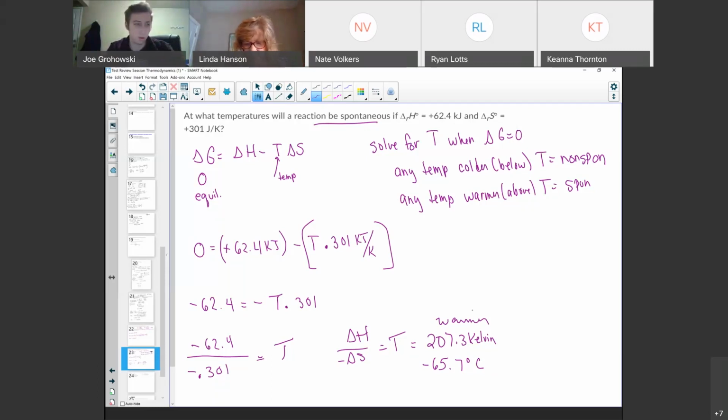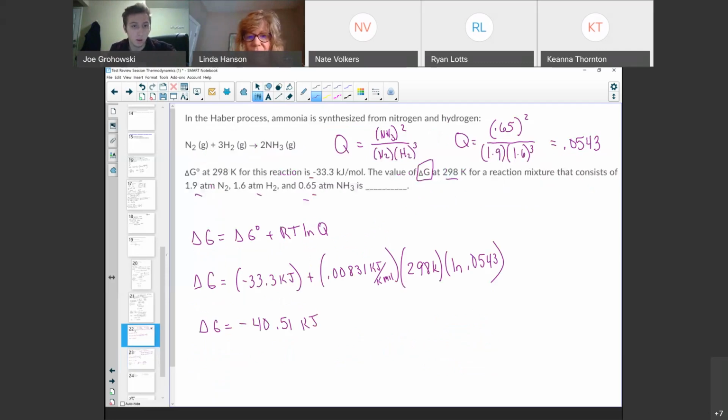I meant the previous equation, the last problem. That's where I kept getting the wrong answer. I plugged that in and I just kept not getting that number.